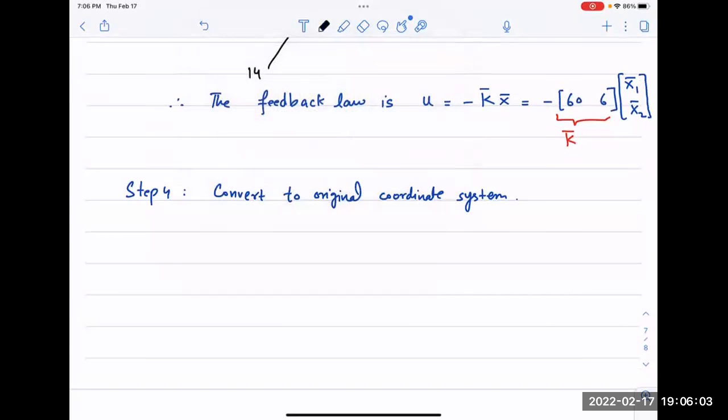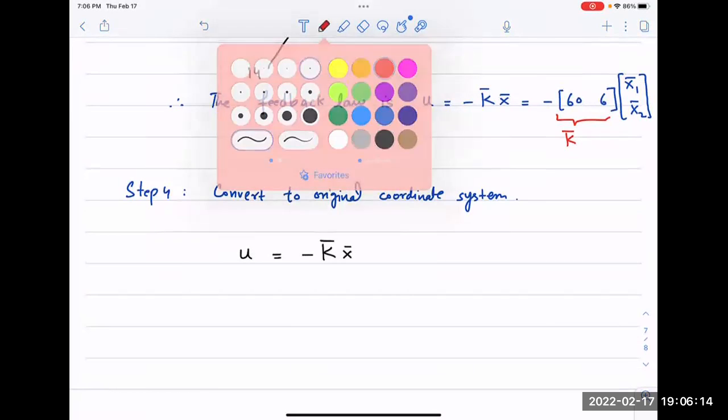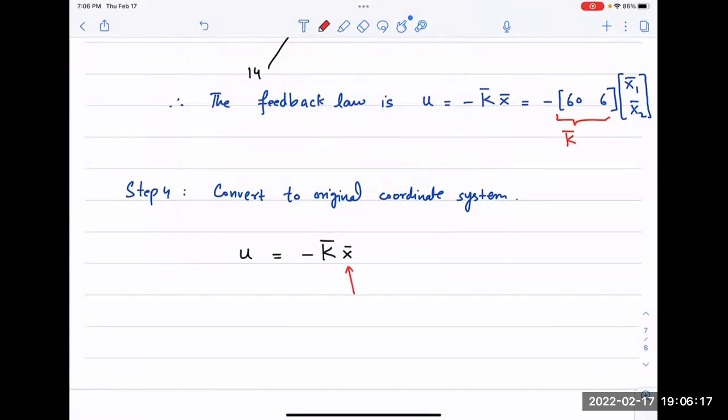You have to go from minus K bar x bar to x. Because x bar is Tx, you will get minus K bar Tx. So from here you can say that this is your K.